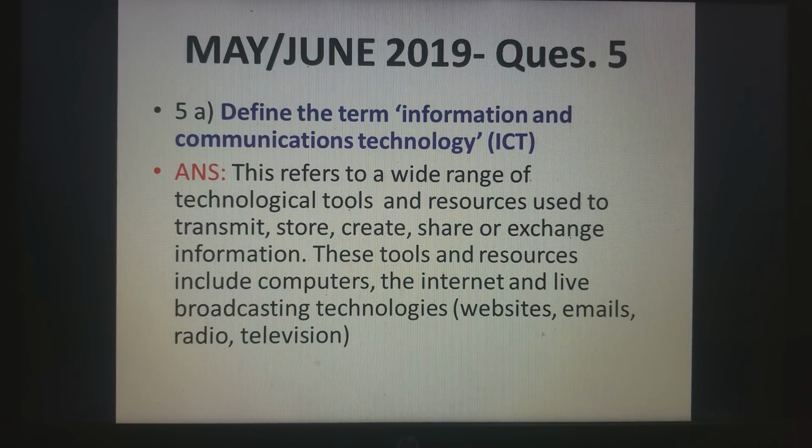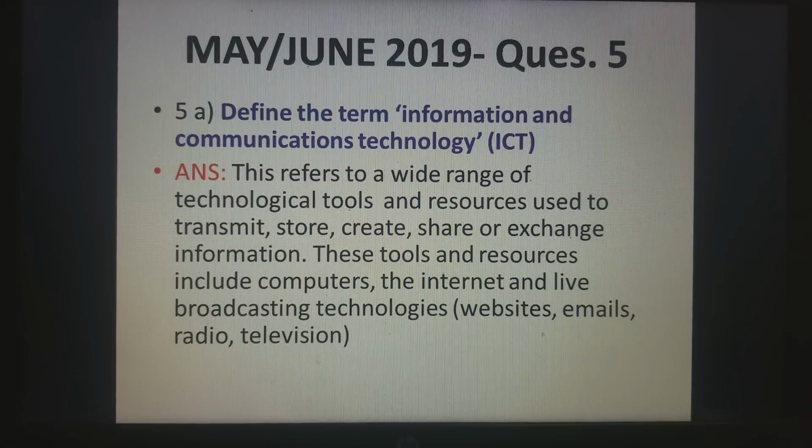That stem of information is critical to recall. So it is a wide range of technological tools and resources used to do what? 1, transmit. 2, store. 3, create. 4, share or exchange information.